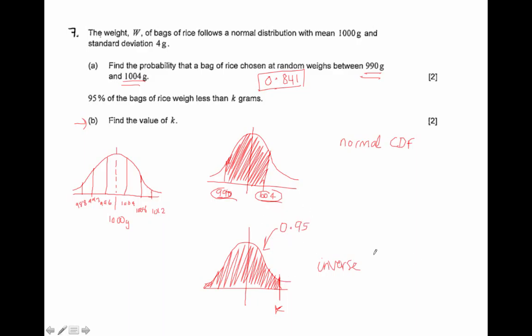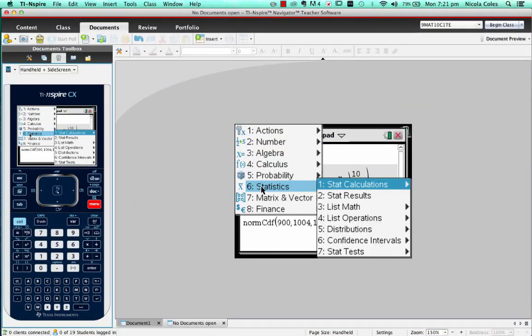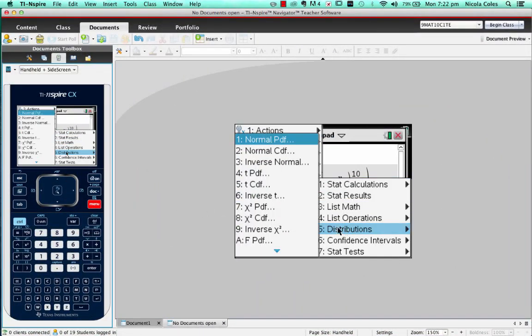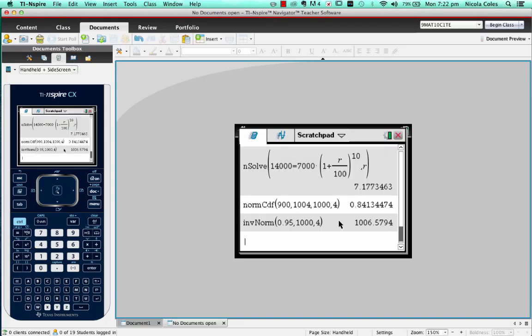So it's inverse normal. Same place as before, menu, stats, distributions, inverse normal. And it's saying what area do you want? The calculator always goes from left to right. So we want 0.95 to be less than this value k. The mean is the same and the standard deviation is the same. So the cutoff point k, it says, is going to be at 1006.5794.